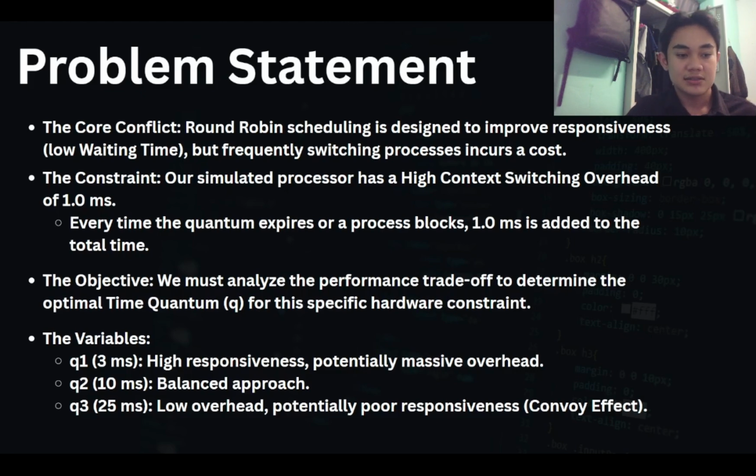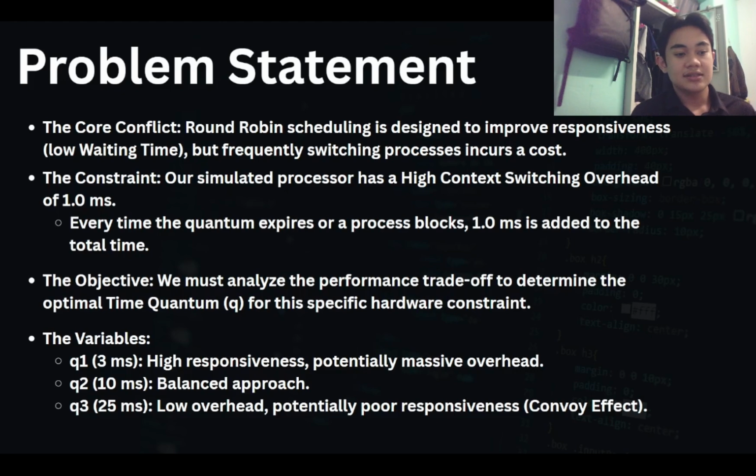To solve this problem, we developed a C++ simulation to test three specific quantum values, starting with a small 3 milliseconds to test the maximum responsiveness, a medium 10 milliseconds, a middle ground approach, and a large 25 milliseconds to minimize the switching penalty.